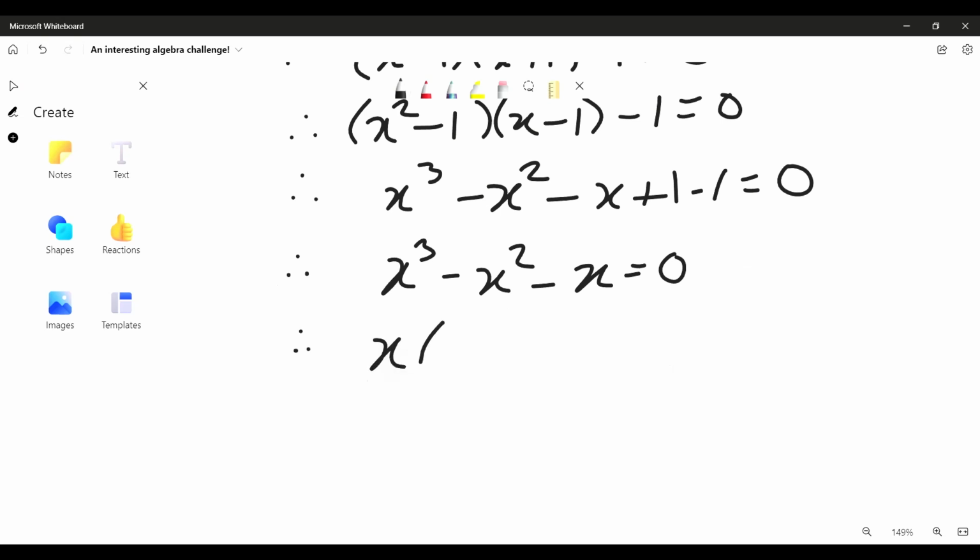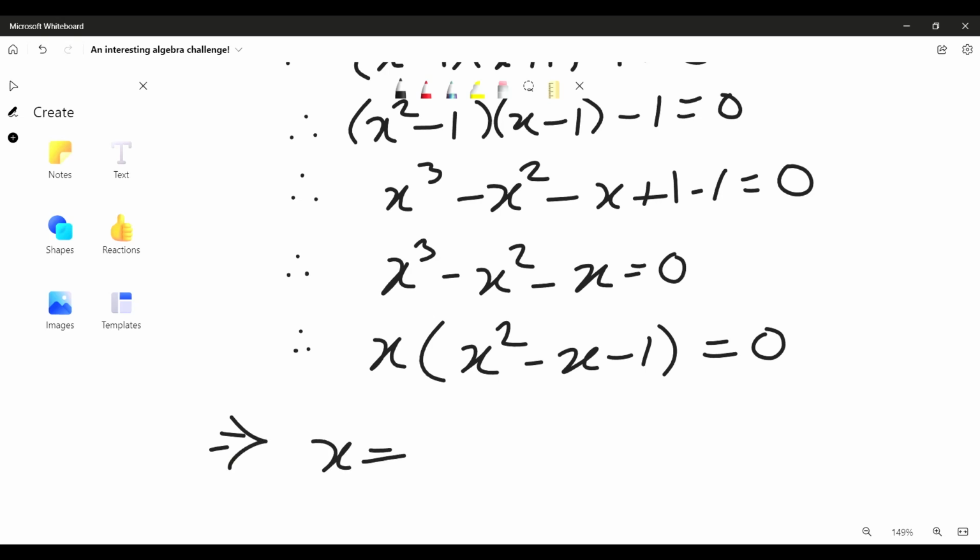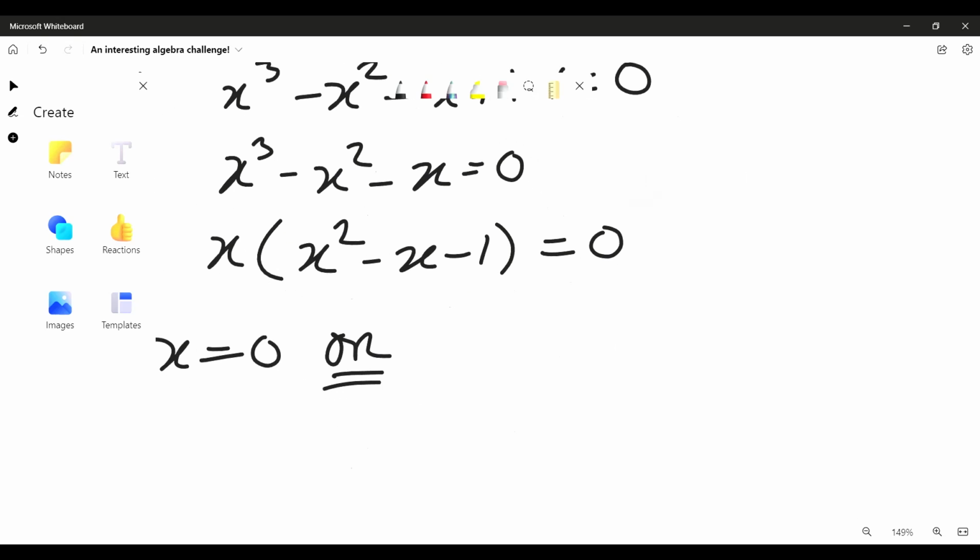So we take the x out and get x(x squared minus x minus 1) equal to 0. This implies x equal to 0, which is one solution already, or x squared minus x minus 1 equal to 0.